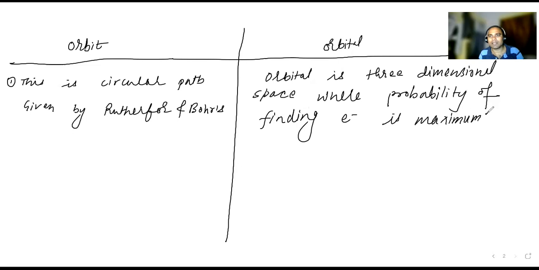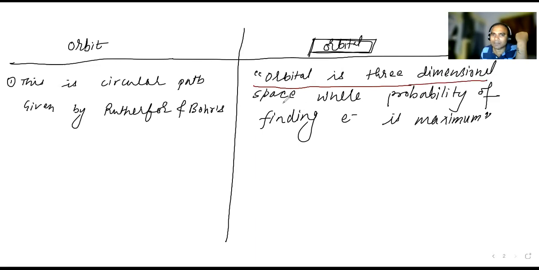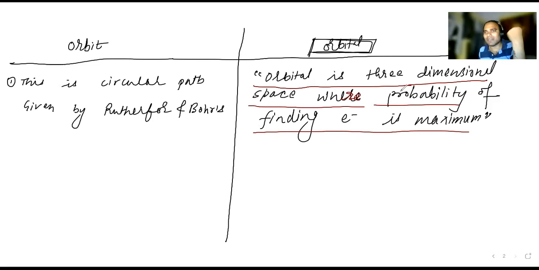Rutherford and Bohr were saying that electrons are moving on a circular path, but since they are moving, you cannot find the exact position. So the modern concept came, which is the orbital concept: an orbital is a three-dimensional space where the probability of finding an electron is maximum. The electron is not present at a certain fixed position.